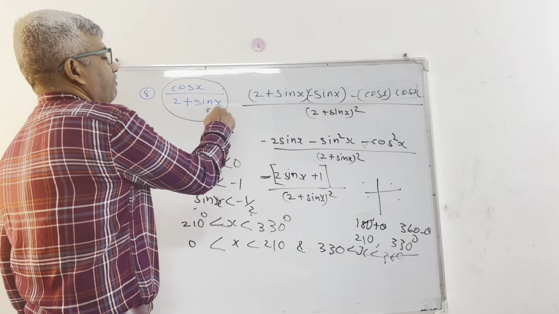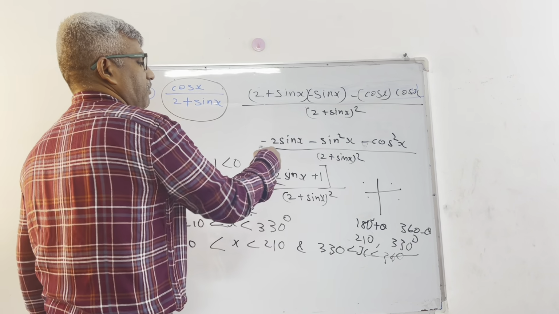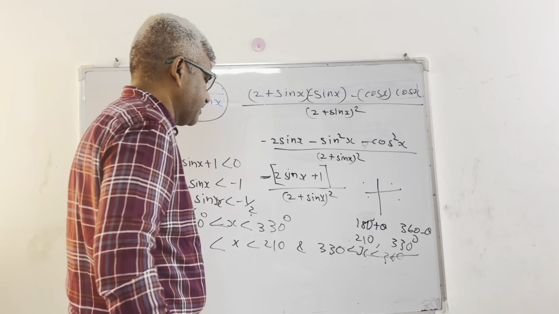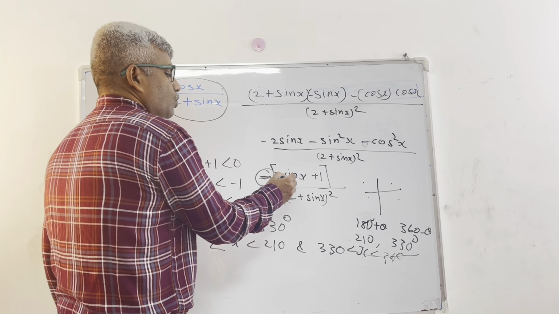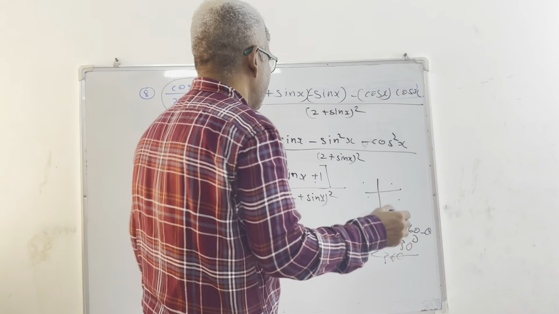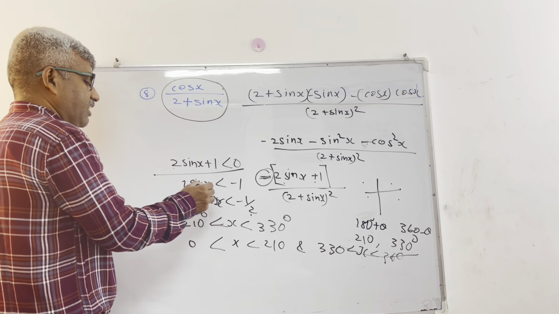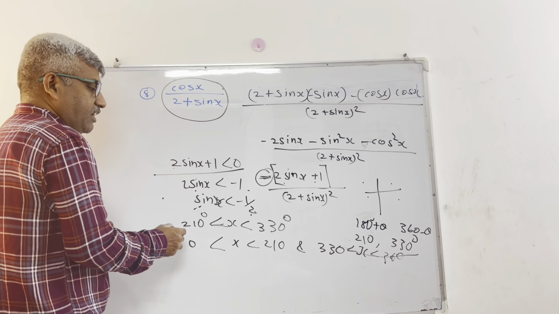So I repeat, v u dash minus u v dash by v squared. I just rearranged it. I took minus out. Since it is negative, 2 sin x plus 1 should be negative. Then only f dash x will be positive. So 2 sin x is less than minus 1, sin x is less than minus 1 by 2.